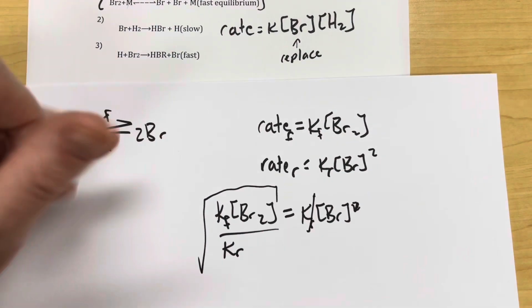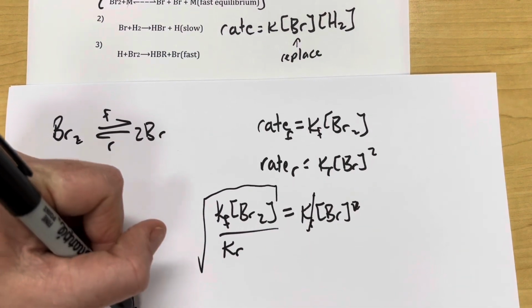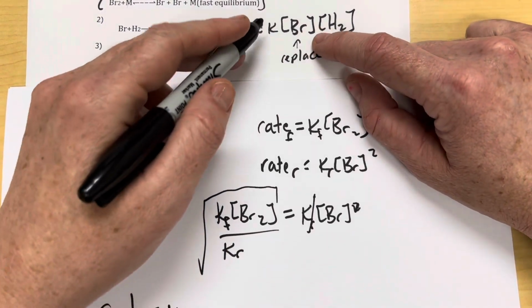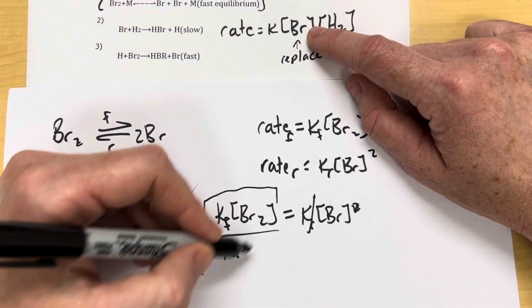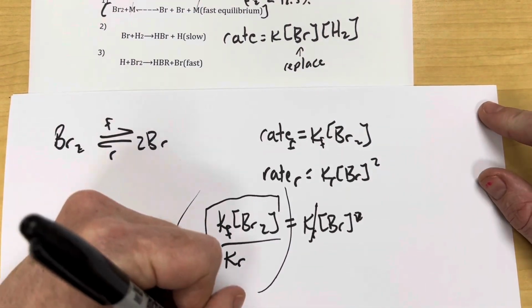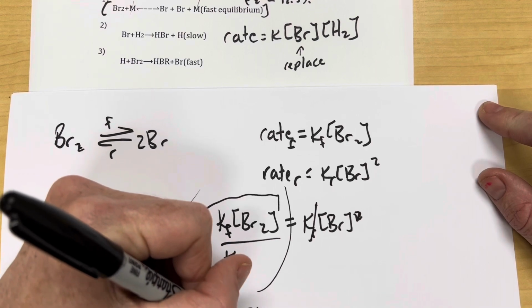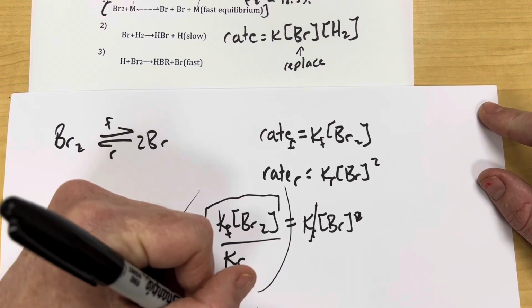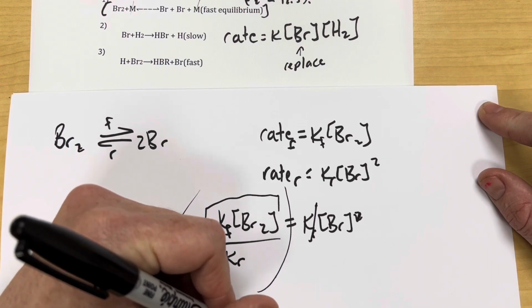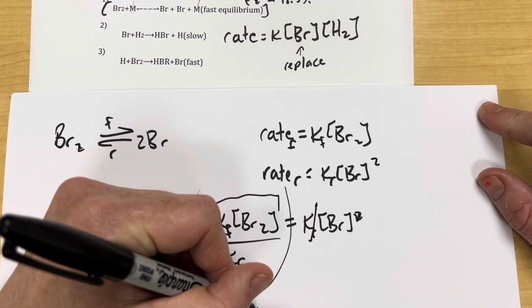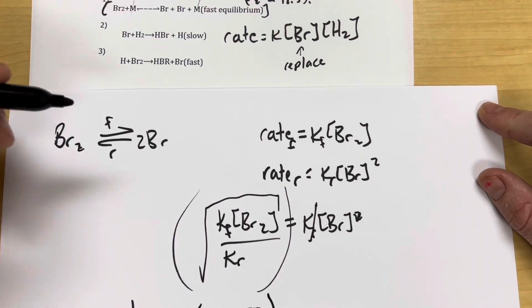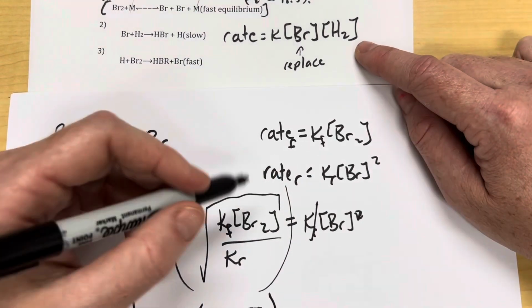Okay, so now our rate equals K. I'm going to replace this Br with this whole thing right here. So it's K times the square root of K forward over K reverse of Br2, which is something hopefully we recognize a little more, and then times this H2.